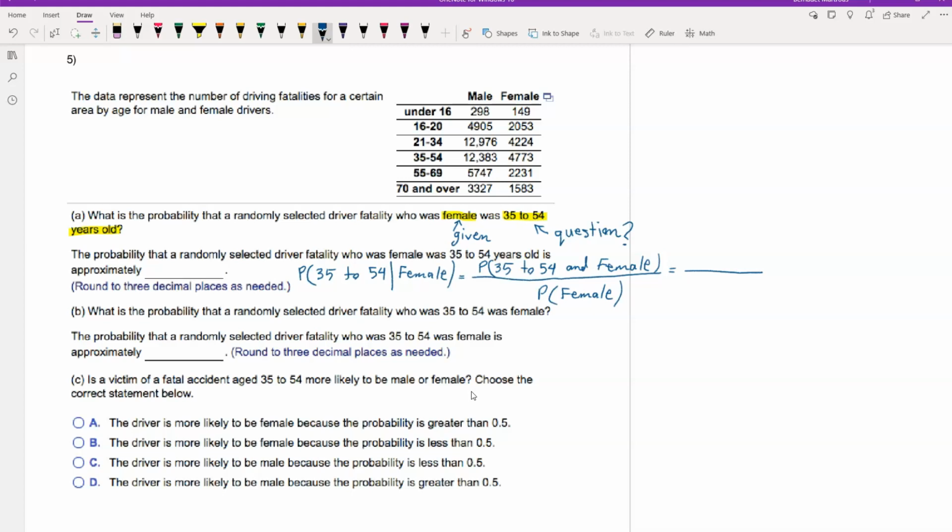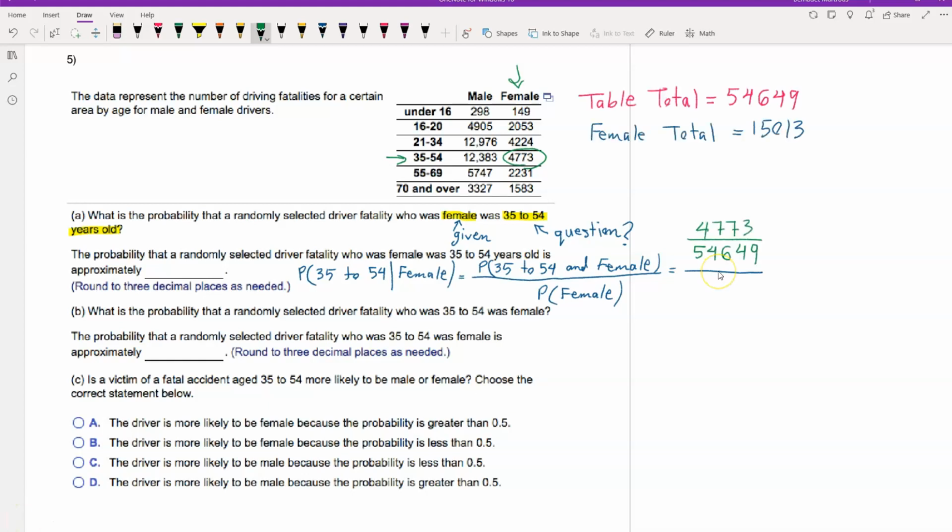So probability of 35 to 54 and female, what we have in common here is this number, 4,773. So use that number divided by the table total, which is 54,649. Now in the denominator we have to find the probability of female.